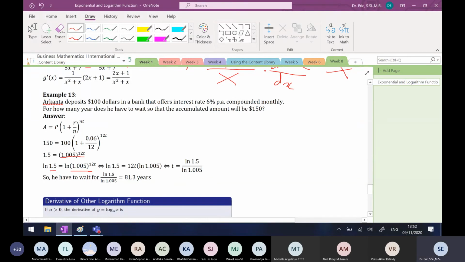And if you calculate this, t should be the natural logarithm of 1.5 divided by this, divided by 12. I missed the 12, sorry.